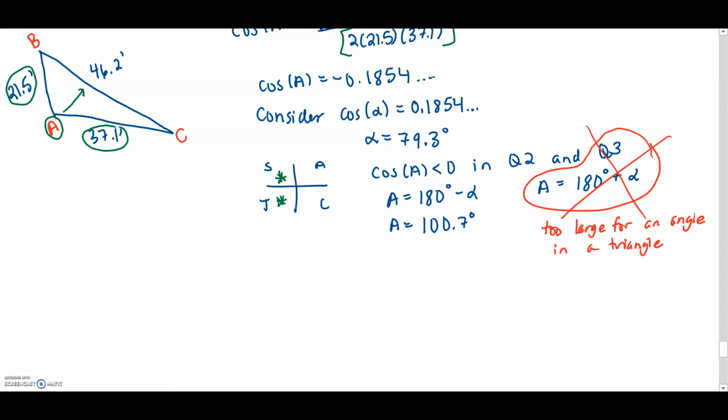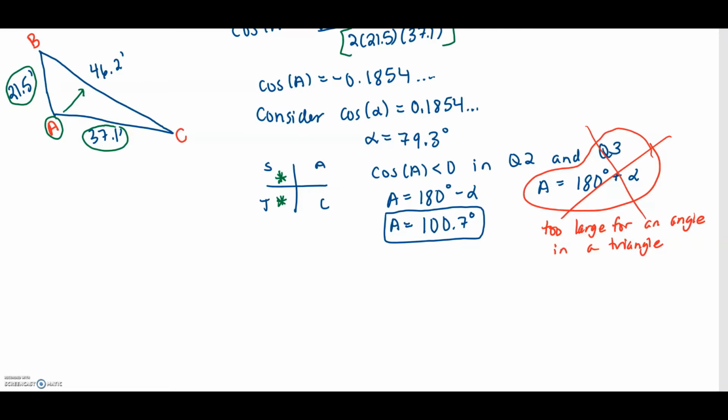Using our solution for A, we can find another angle in the triangle. At this point, we could choose to solve for B or C. We have enough information to find either one, but we can use the matchings of the side lengths and angles to apply the sine law.